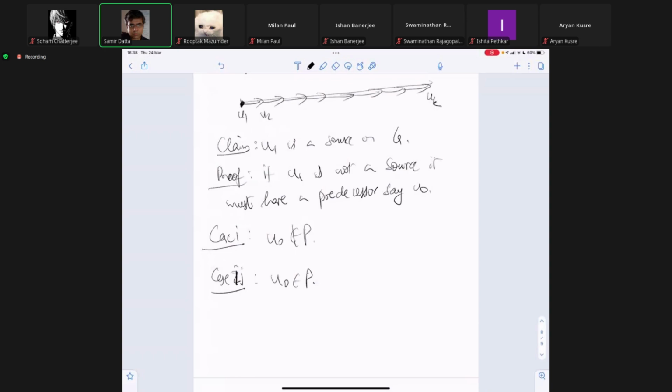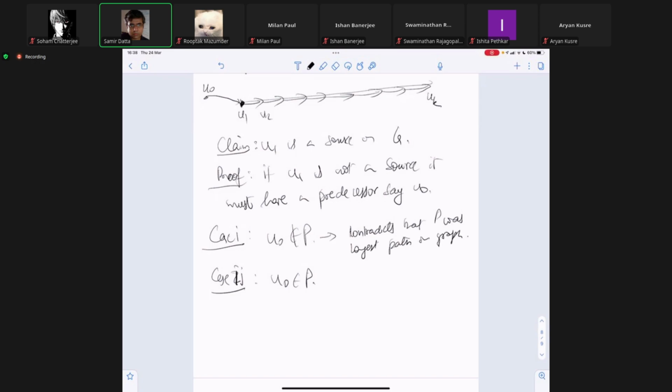Because if U0 did not belong to P, U0 is a vertex which is not on P and it has an edge to U1. This contradicts that P was the longest path in the graph.